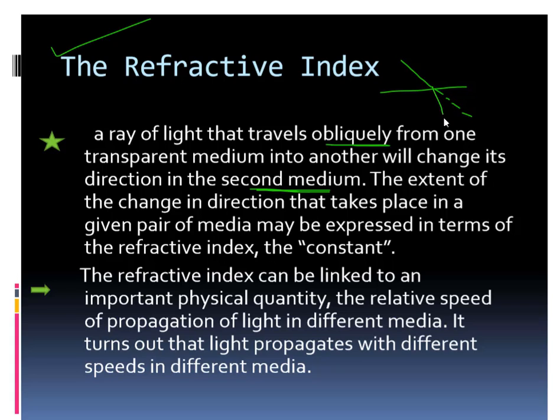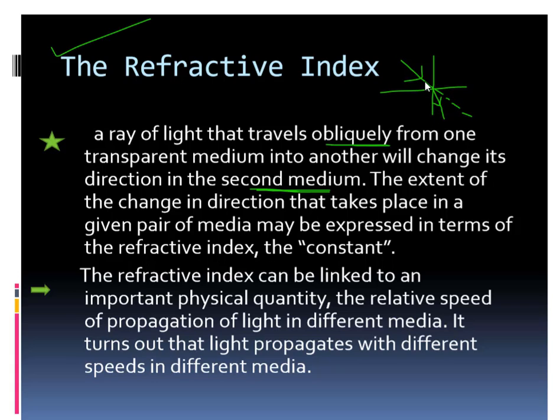It will deviate from its path. The extent of the change in direction that takes place in a given pair of medium may be expressed in terms of refractive index, the constant. That means how much the angle is going to be changed.